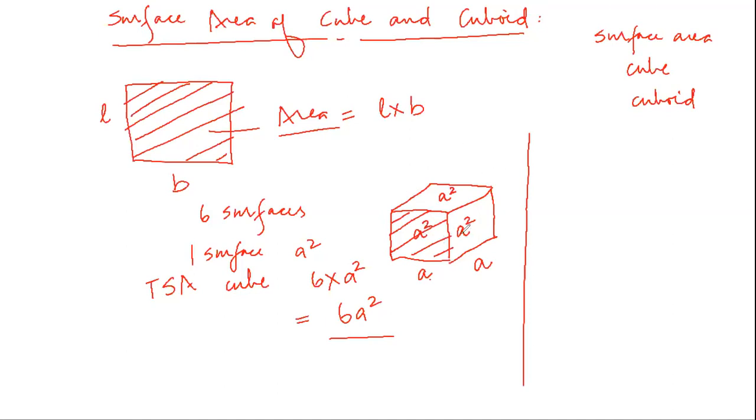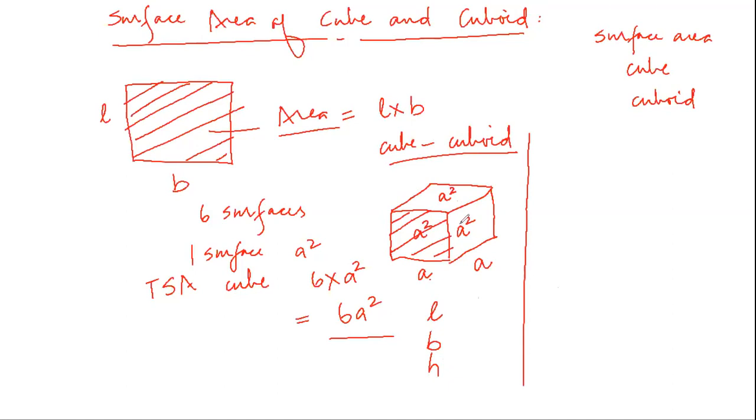If you change any of the sides of the cube, maybe length, maybe breadth, or height, even slightly, the cube transforms into a cuboid.